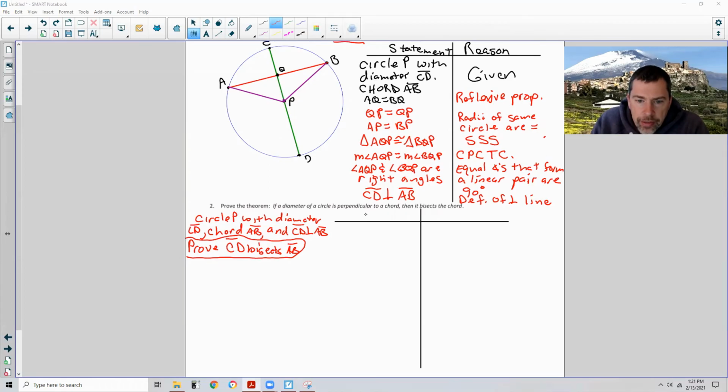First thing I want to say is, here's our statement and our reason. All right, let's use green this time. We were given CD perpendicular to AB.